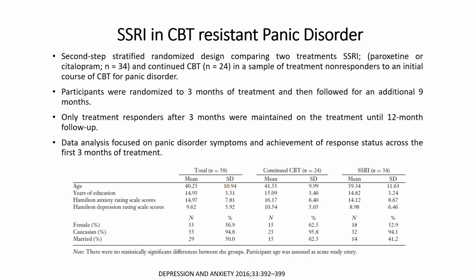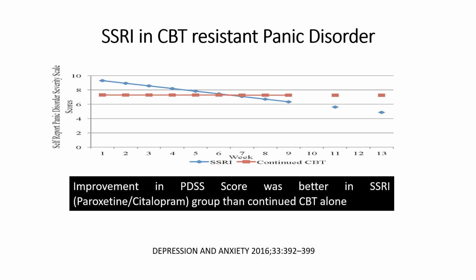Only treatment responders after 3 months were maintained on treatment until 12 months of follow-up. The data analyzed focused on panic disorder symptoms and response status across the first 3 months of treatment. The improvement in total score was better for the SSRI groups, paroxetine and citalopram, than for continued CBT alone.